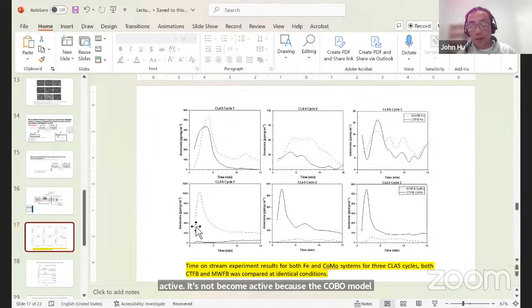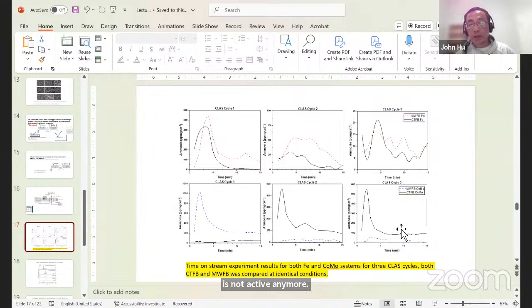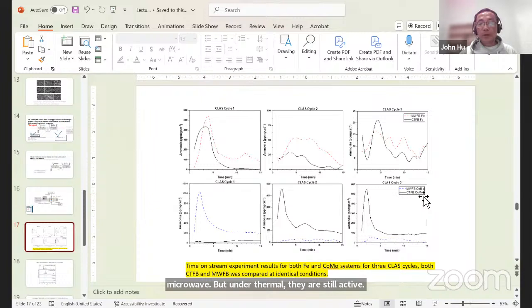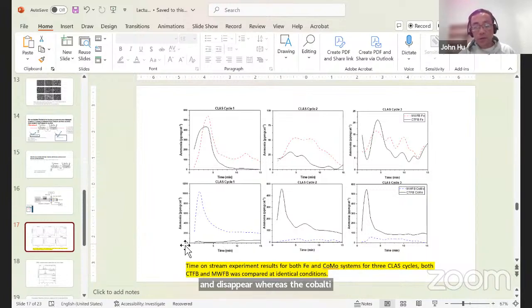So cobalt moly is only active in the first cycle, but later on is not active anymore under microwave. But under thermal, they are still active. So this means cobalt moly is very difficult to operate under microwave. You only run 1 cycle and it disappears. Whereas the cobalt moly under thermal, the first cycle is not that active, but the second cycle is active, the third cycle is still active.